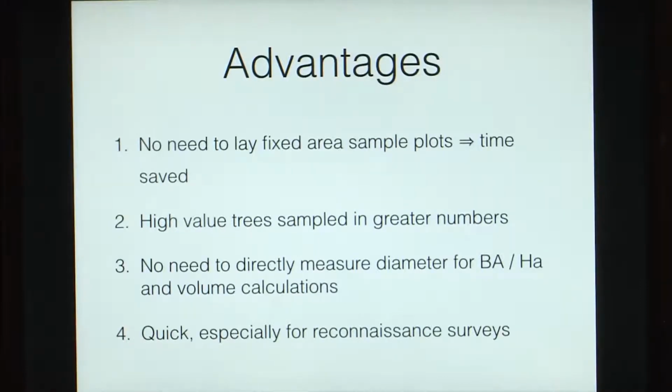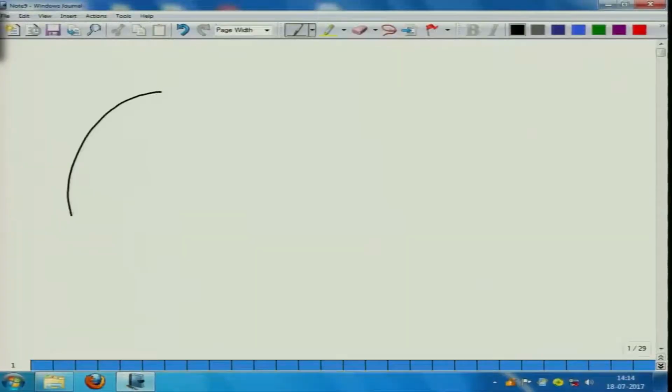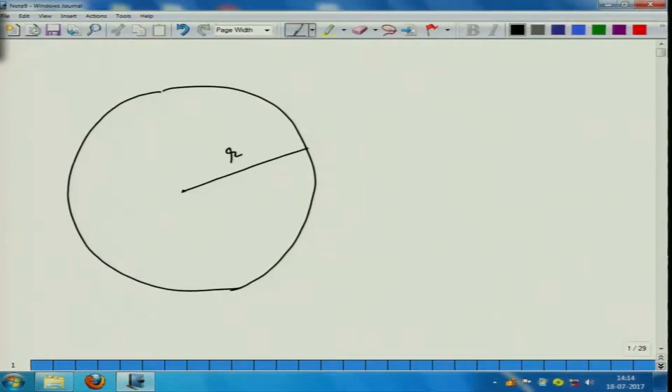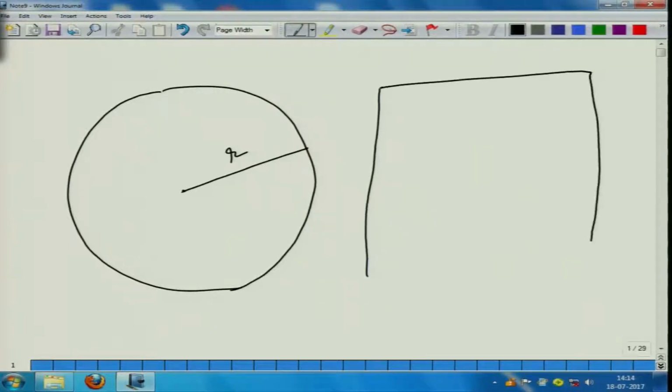Fixed area sample plots are those sample plots whose area has already been determined by you. When we talk about fixed area sample plots, they can be of two types. You can take a circular sample plot of radius r, or you can take a square shaped sample plot whose side is a.